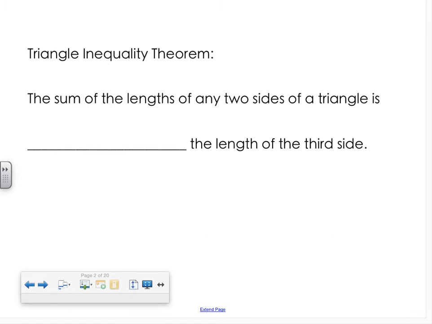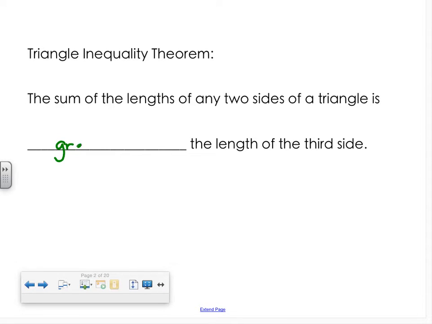But let's formalize it and write down the triangle inequality theorem. The sum of the lengths of any two sides of a triangle, so you have two sides and you add them together, needs to be greater than the length of the third side.